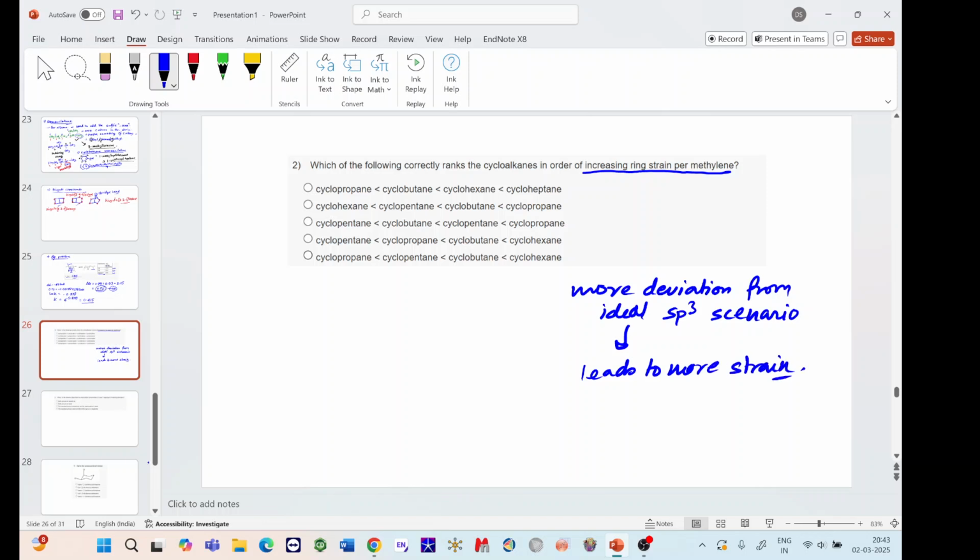So see, cyclopropane is 60 degrees, cyclobutane 90, cyclopentane 108, cyclohexane 120. This is much more relaxed. So this one will be the right answer.